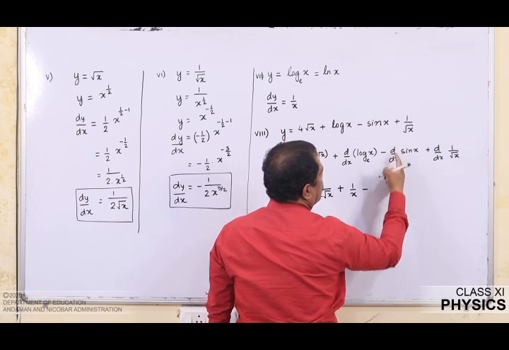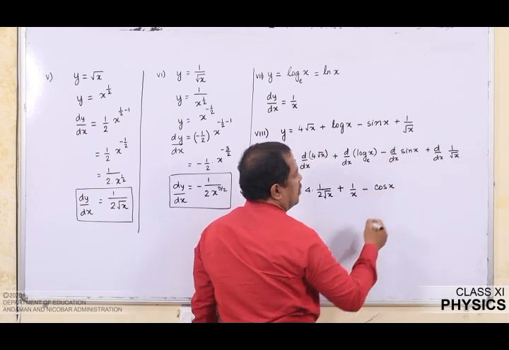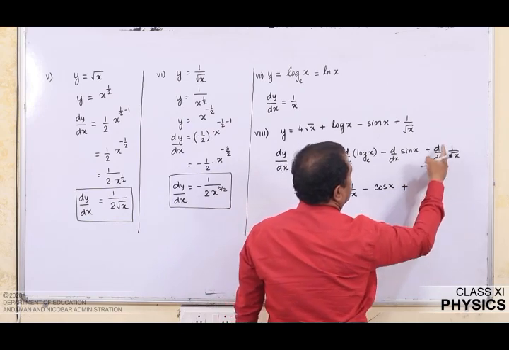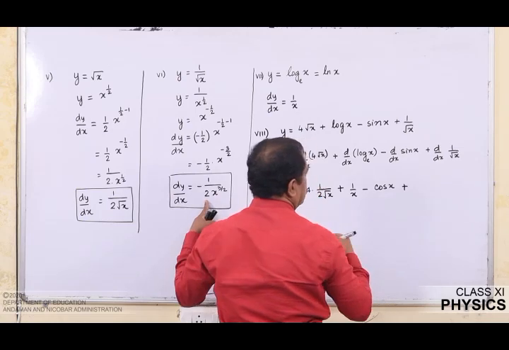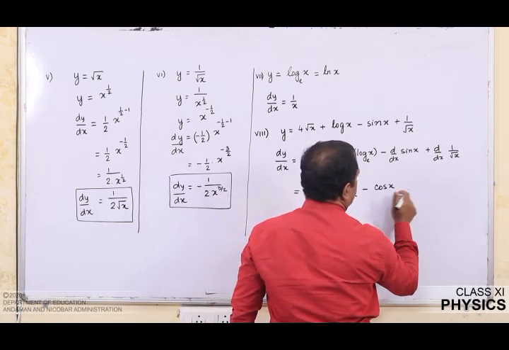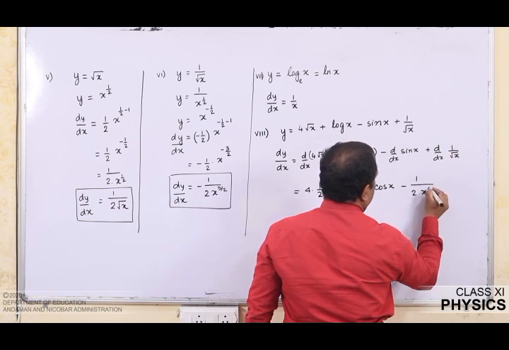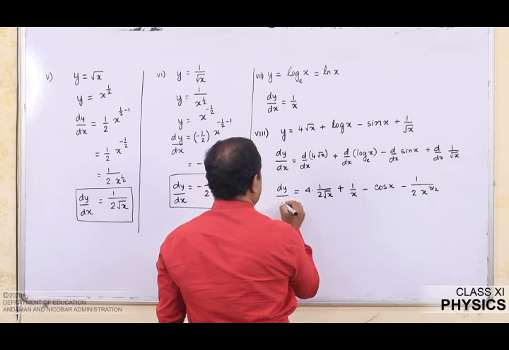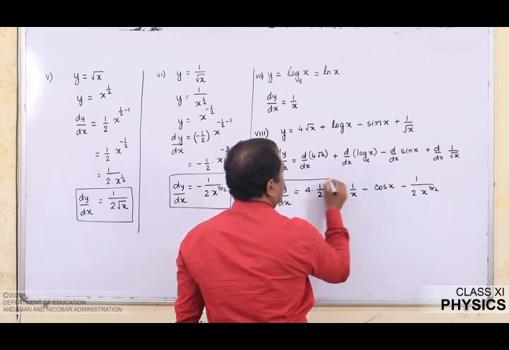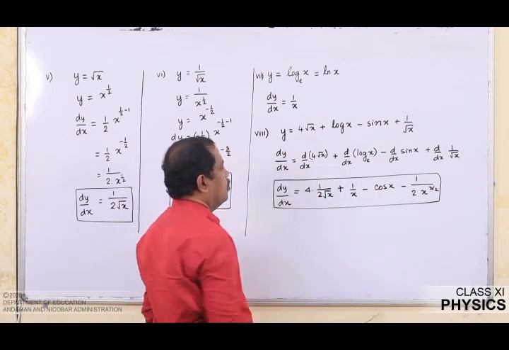Minus the differentiation of sin x, which is cos x, as we saw in the previous class. Plus when I differentiate 1 over root x, just now we saw, instead of plus I am going to write minus 1 over 2 times x power 3 over 2. So, this is the differentiation of the function y with the 4 terms given at the top.